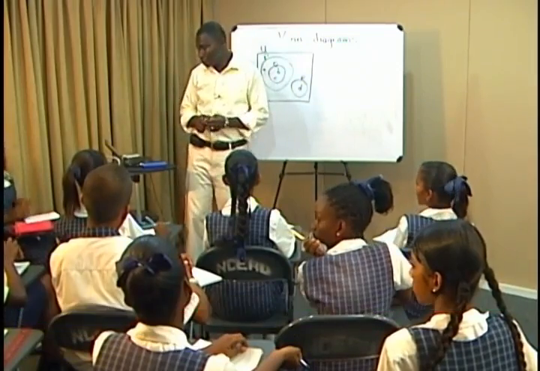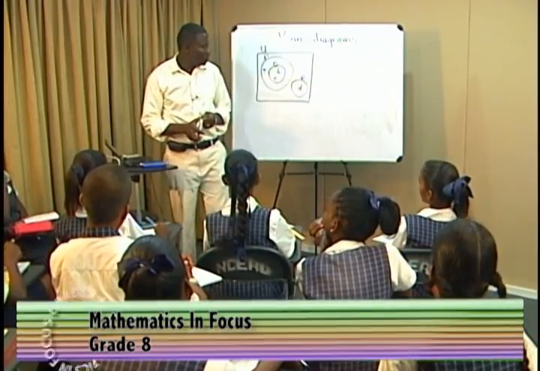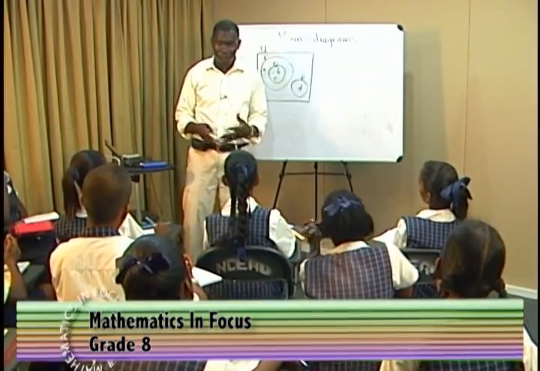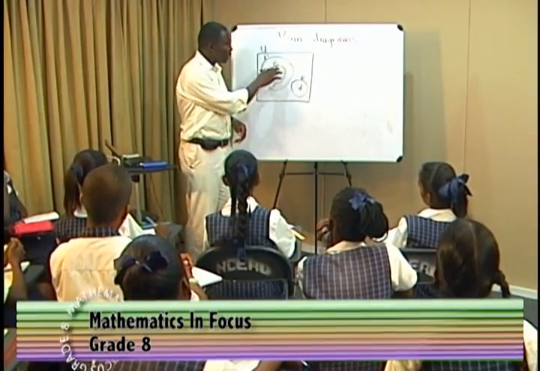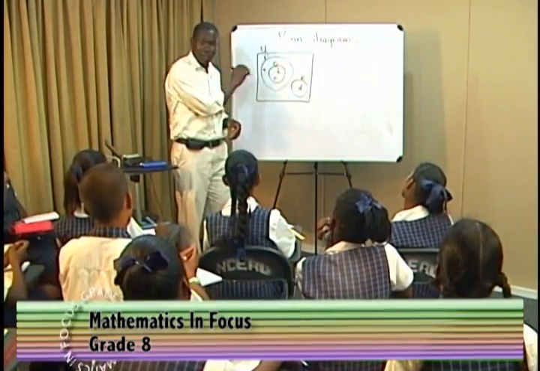Sir, a subset is sets that you can get from a bigger set. All right. Bibi is saying that a subset refers to the sets that you could get from a bigger set. So, for example, Q is part of a bigger set. That's what you're saying. So then Q is a subset of P.